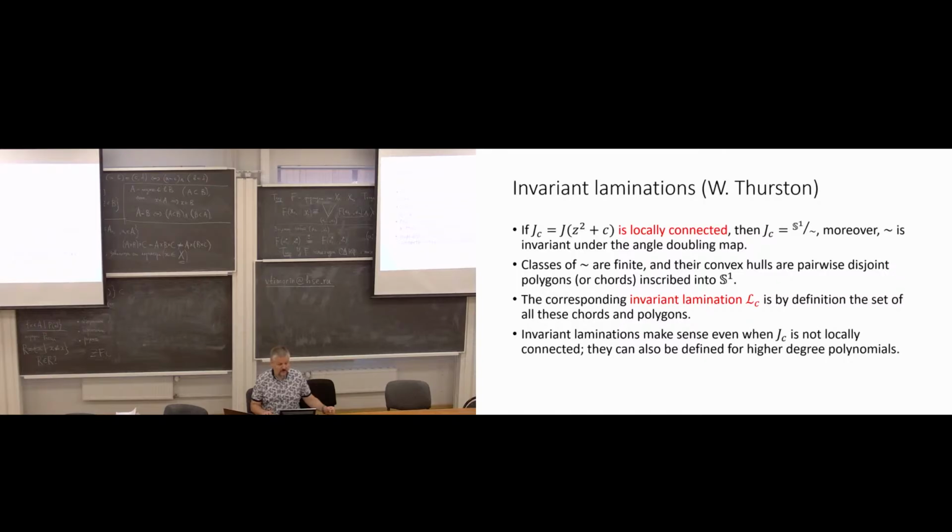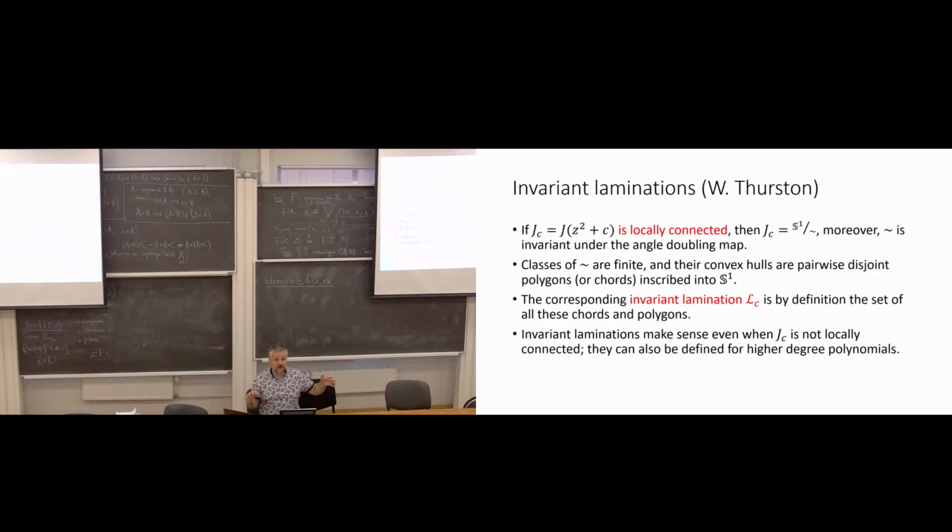Invariant laminations exist even if the Julia set is not locally connected. And this is a funny story, because this creates two parallel worlds. One world is the world of analytic polynomials that live in the complex plane.